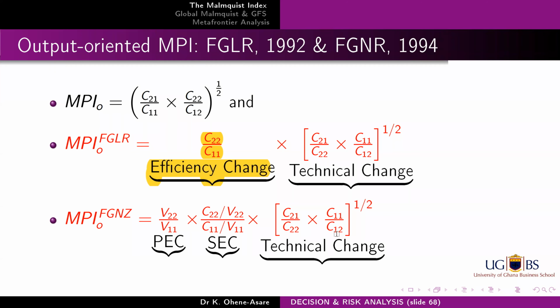You watch the second part, they are the same in both cases. The only thing they did is that they calculated some of the scores relative to the VRS frontier and some relative to the CRS frontier. So that's why you see V and C there. V here means relative to the VRS frontier. And then they split them so that you have pure efficiency change and scale efficiency change.